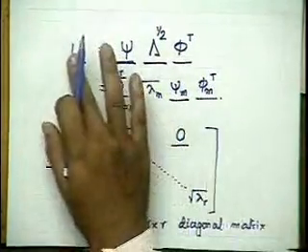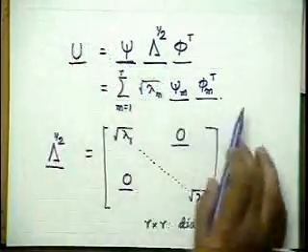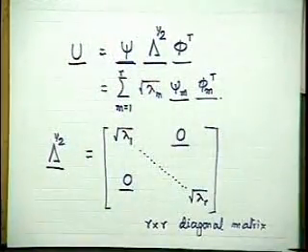We can represent the original matrix U in terms of this particular series.